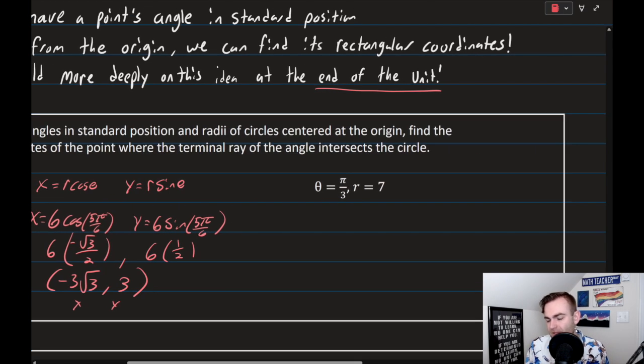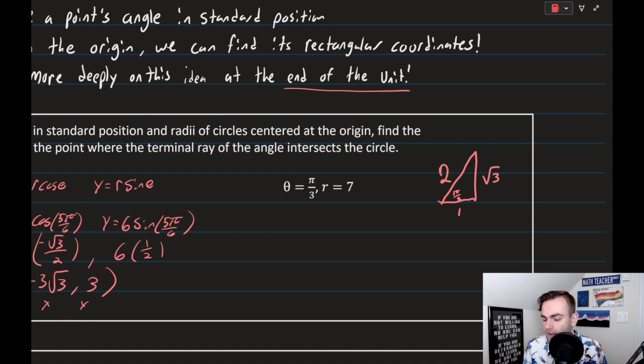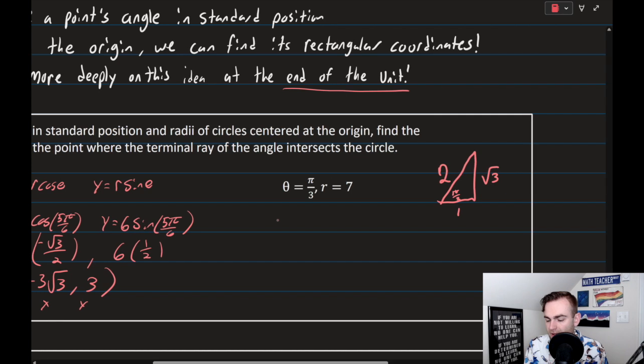What about this one? This one looks fancy. We're also dealing with a first quadrant angle. Might help if I write the angle a little bit better. Pi over 3. And I know that for pi over 3, the larger angle gets the larger side, 1, 2, all of them positive because we're in quadrant 1. So again, we're going to have r cosine, comma r sine for our x comma y.